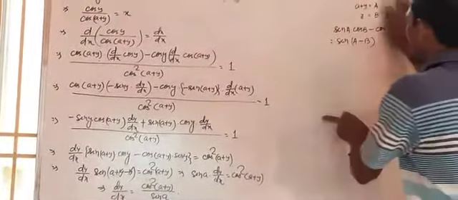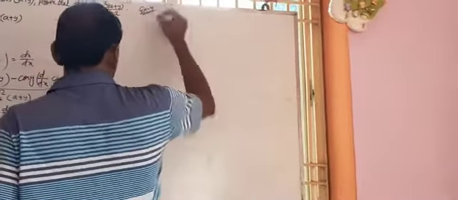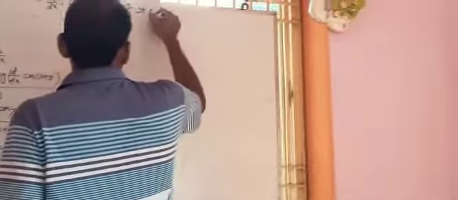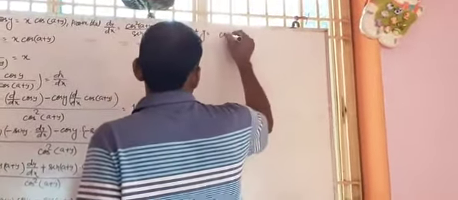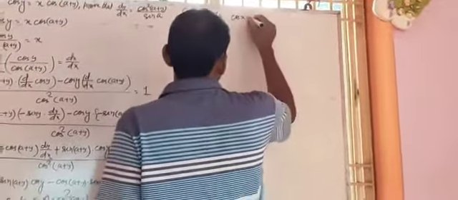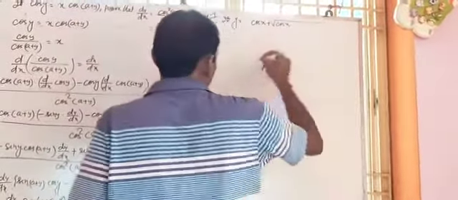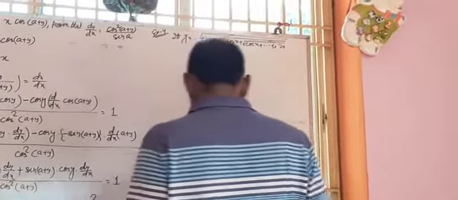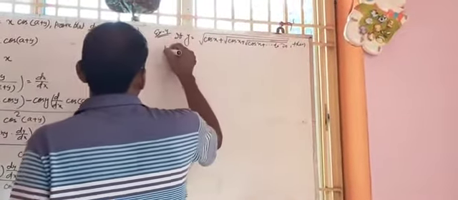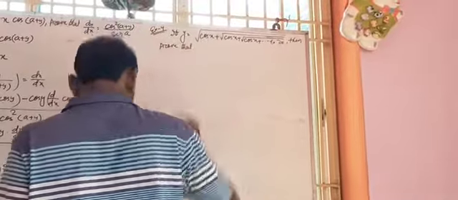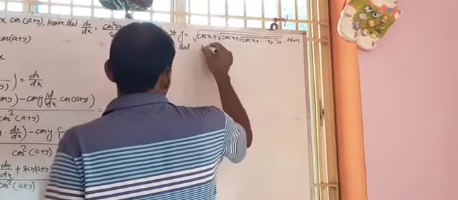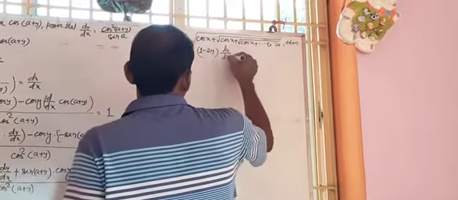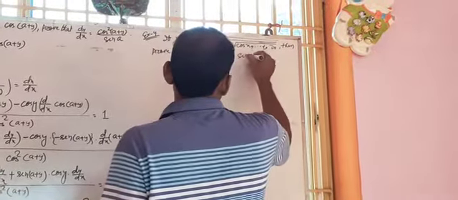Then example 4. If y equals the square root of cos x plus square root of cos x plus square root of cos x plus dot dot dot up to infinity, the whole root over, then prove that 1 minus 2y all into dy by dx equal to sin x.